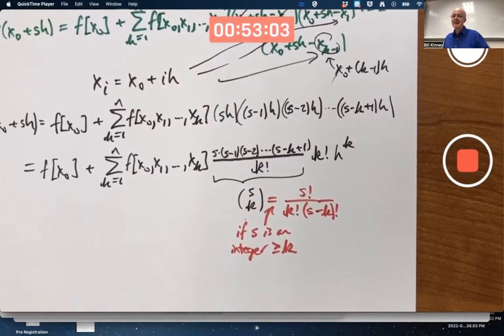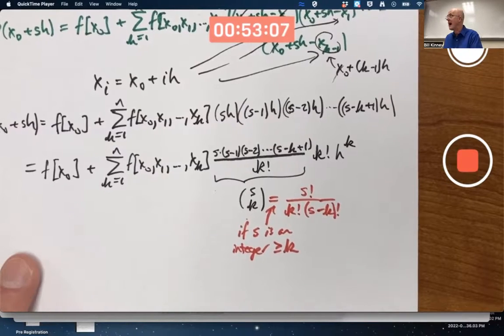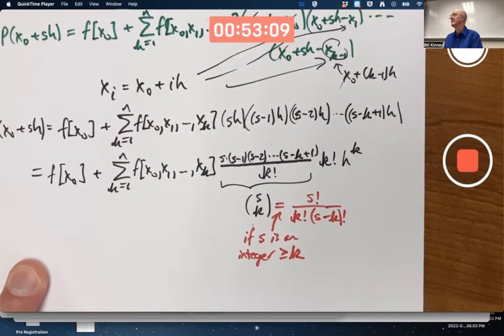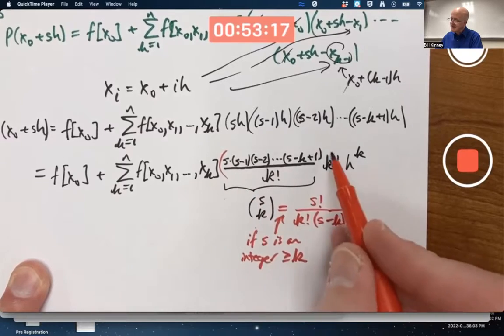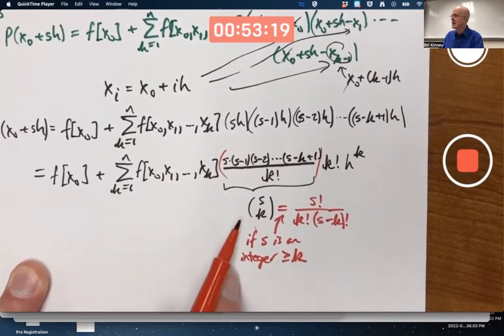If s is not an integer greater than or equal to k, which in our application here it almost always is not, you can't write this in the usual sense, but you can still write that, and you can still call it s choose k.